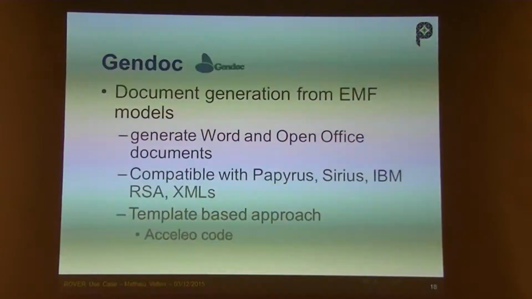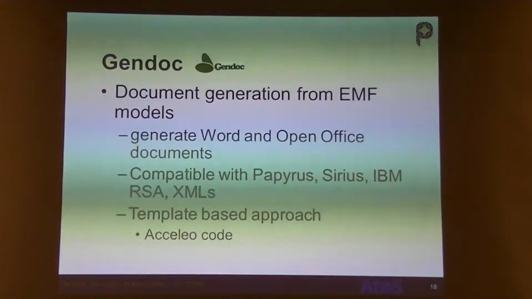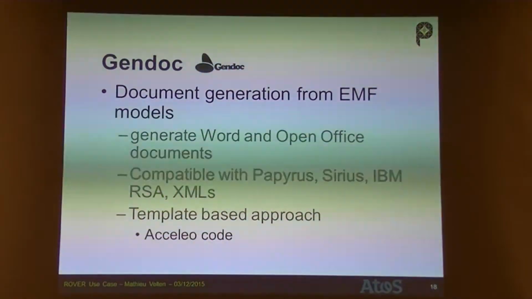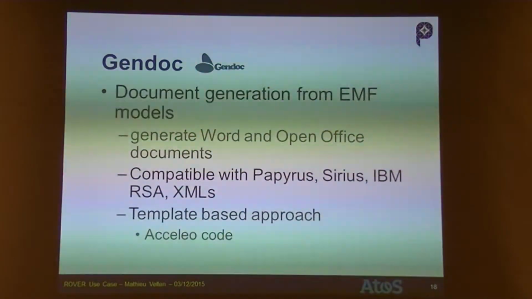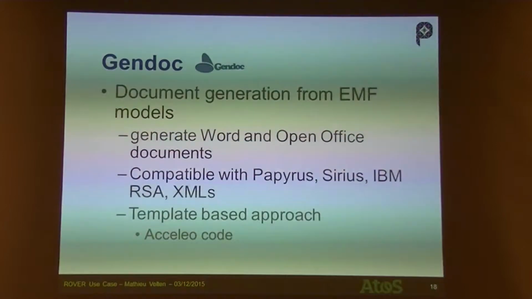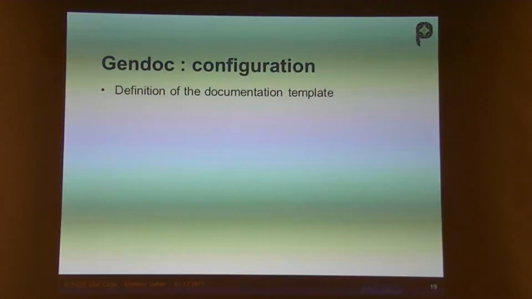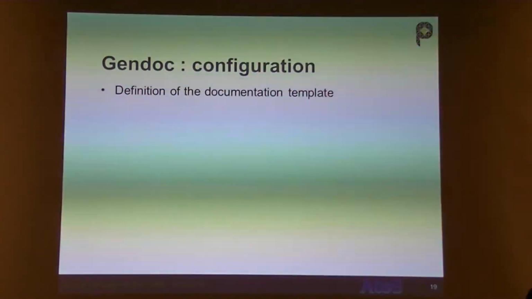This tool is doing a generation of Word or OpenOffice documents from EMF models. It's compatible with Papyrus, Sirius, RSA, XML files. It's template-based, so you directly code inside Word with Acceleo code. So the template has already been defined.